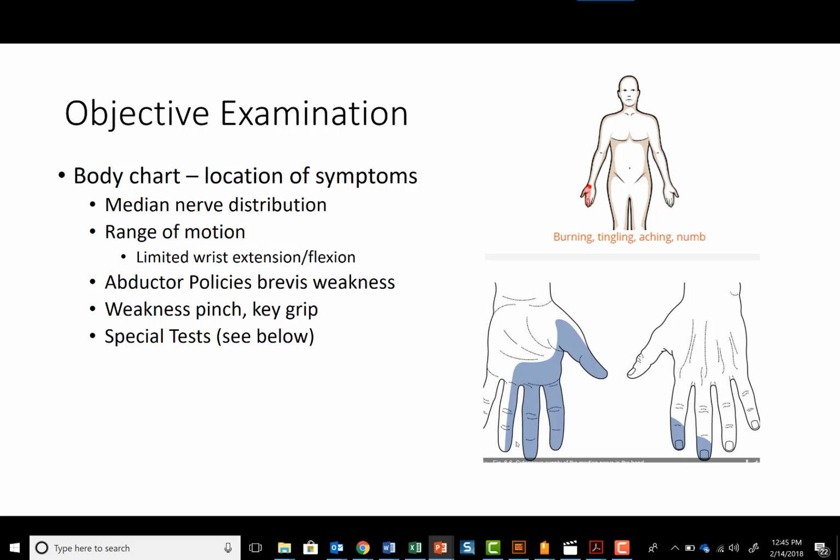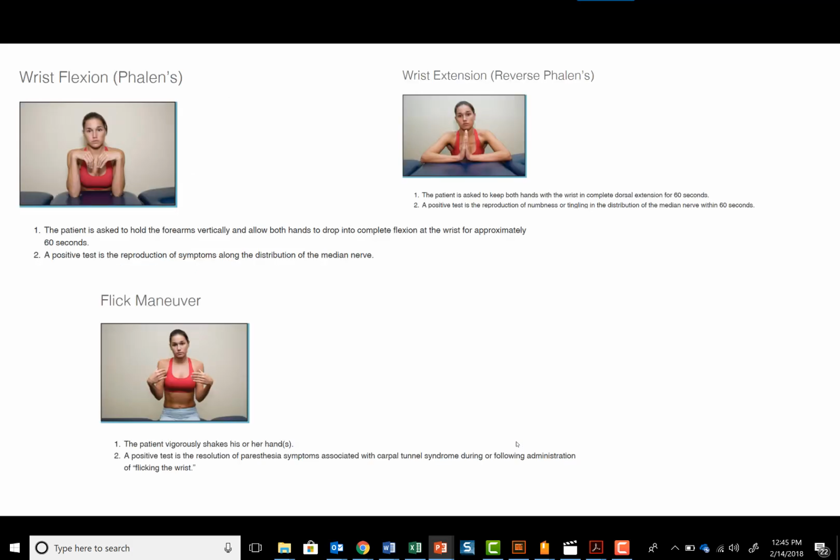And then we have some special tests to help rule it in or rule it out as well, which we'll talk about now. So upper left-hand corner, this is called the Phalen's test. The individual is seated, and they let their wrists flex into a position, and they hold that there for up to 60 seconds.